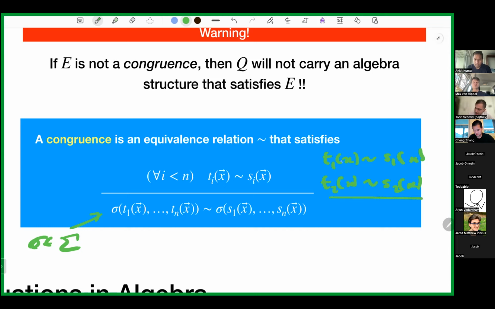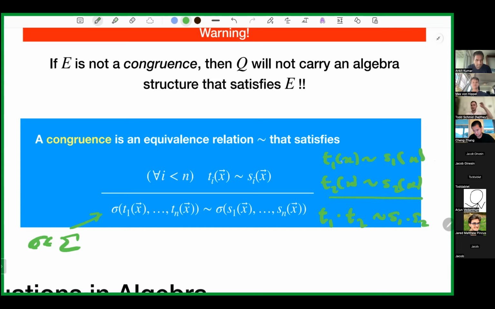So for monoids, if you have both of these pairs of equivalences, t1 is equivalent to s1 and t2 is equivalent to s2, then you should also know that t1 dot t2 is equivalent to s1 dot s2.